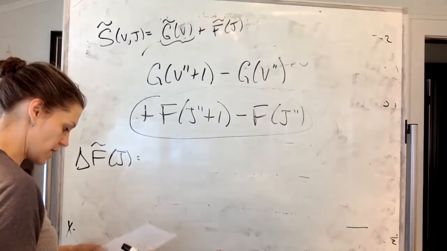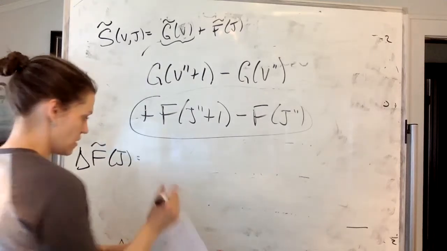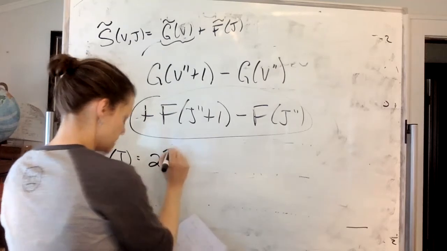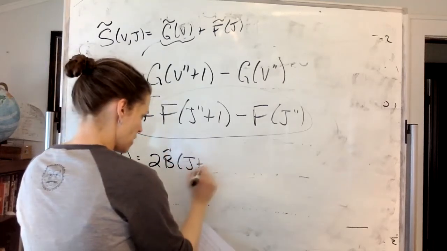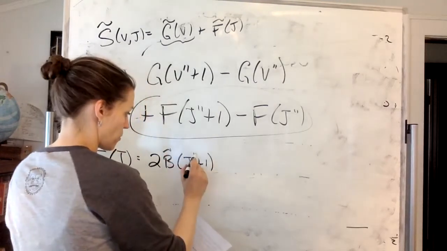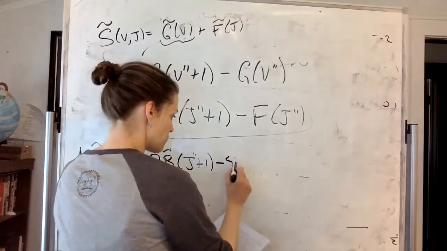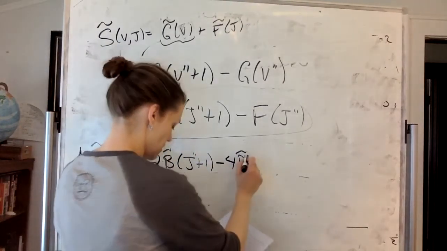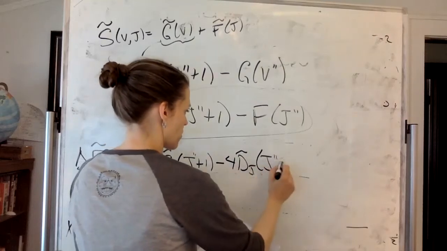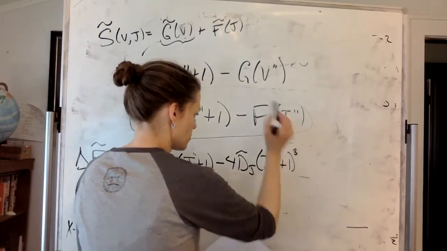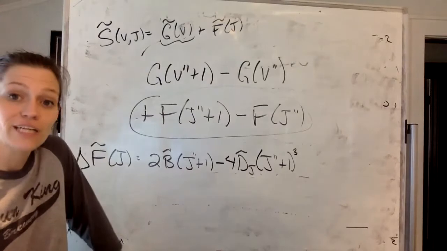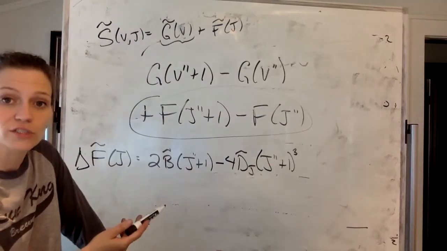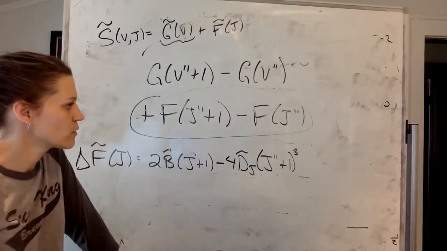So you're going to get 2B tilde (J double prime plus 1) minus 4 D J tilde (J double prime plus 1) cubed. It simplifies to that. Okay, and this is where your cube term comes in.